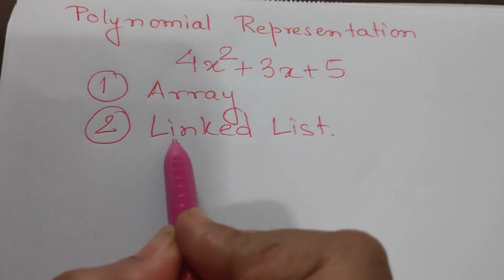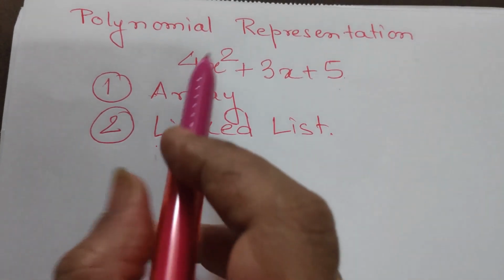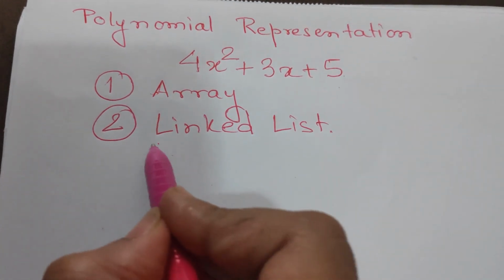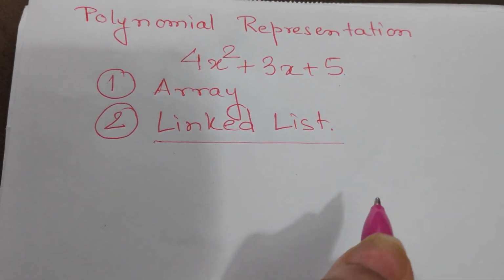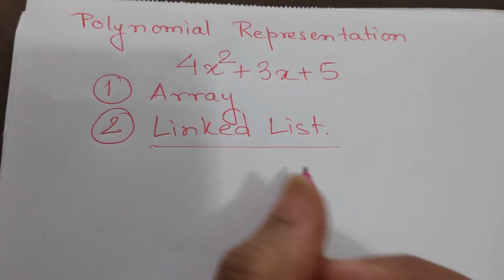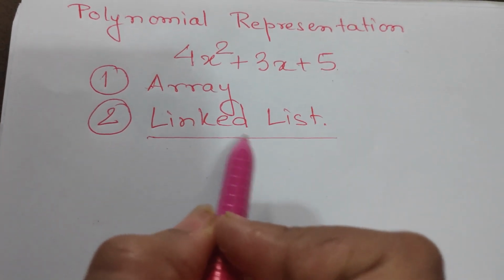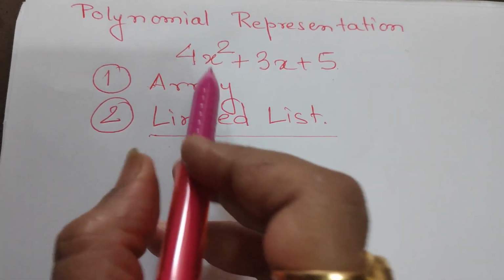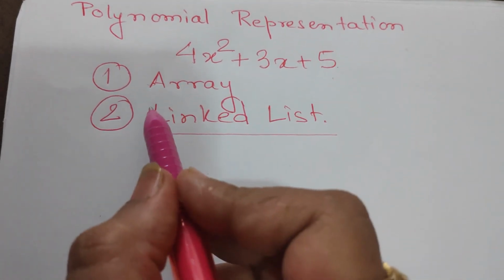Now, let me discuss the representation of polynomial using the linked list method first. Clear? So first I am going to discuss how you can express this polynomial using linked list.